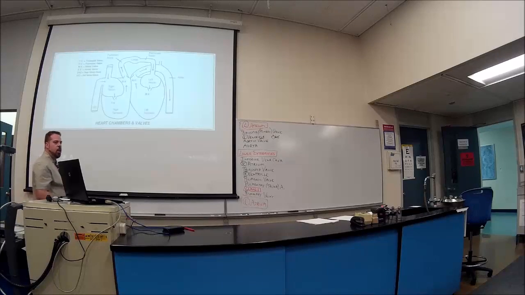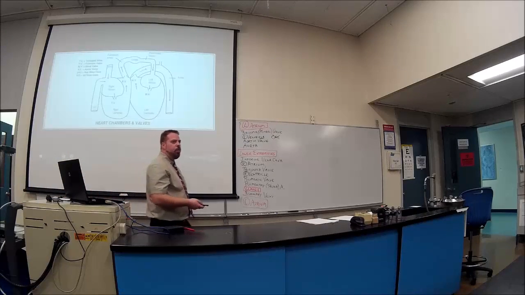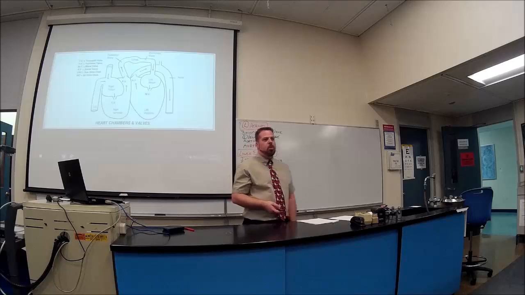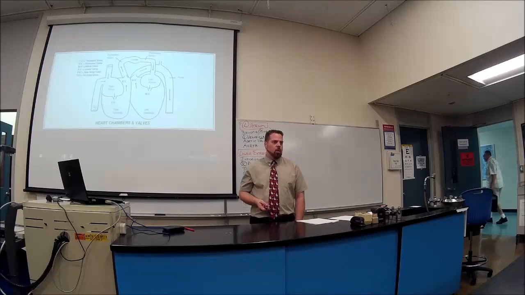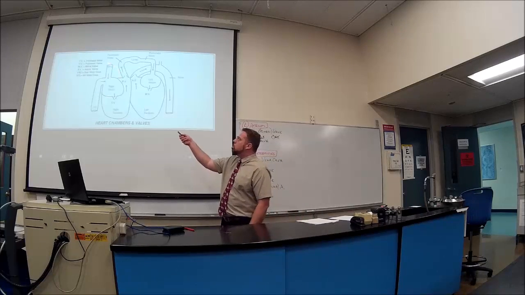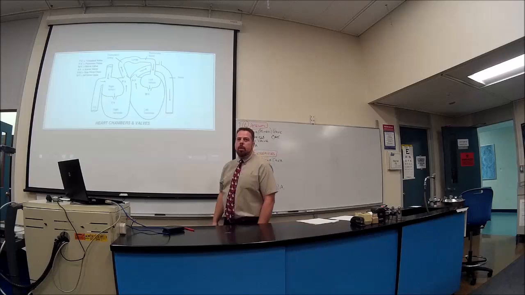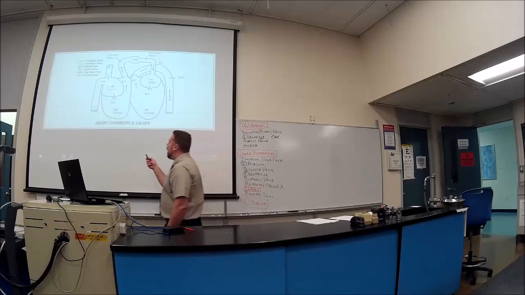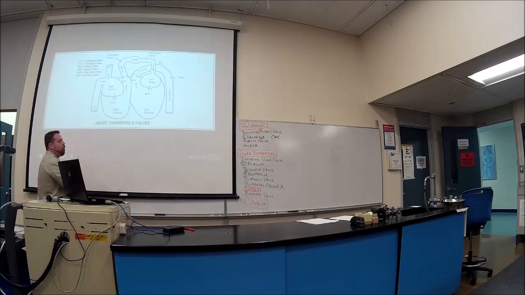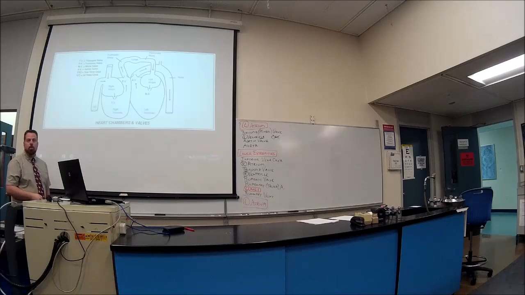Anything that's going to be deoxygenated blood from above the diaphragm is going to be from the superior vena cava. All right? So things like your chest wall, your arms, your head, that's going to go into the superior vena cava. Doesn't matter, it's carrying the same type of blood just from two different places. The right atrium is then going to receive that blood, deoxygenated blood, and push it into the right ventricle, but has to pass through the tricuspid valve.